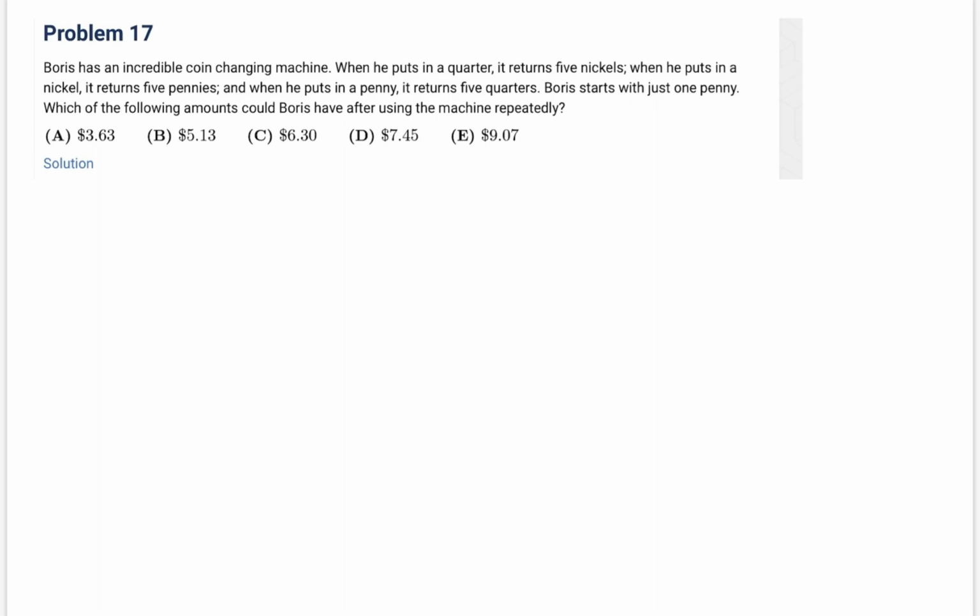The important thing to note here is that putting in a quarter and putting in a nickel don't change the amount of money. But if we put in 1 cent, then it returns $1.25. So it goes from 0.01 to 1.25, so we add on $1.24.